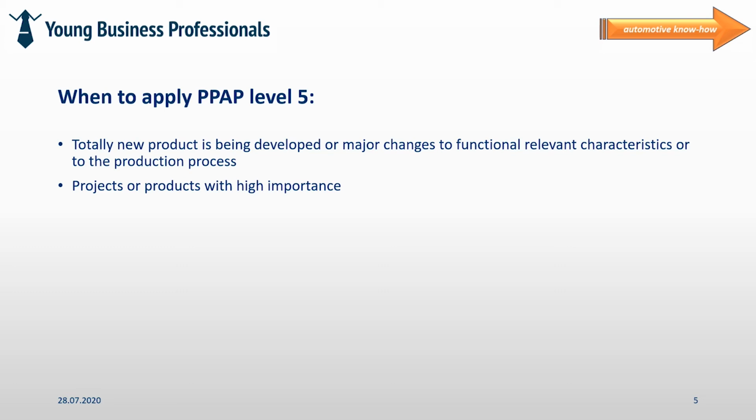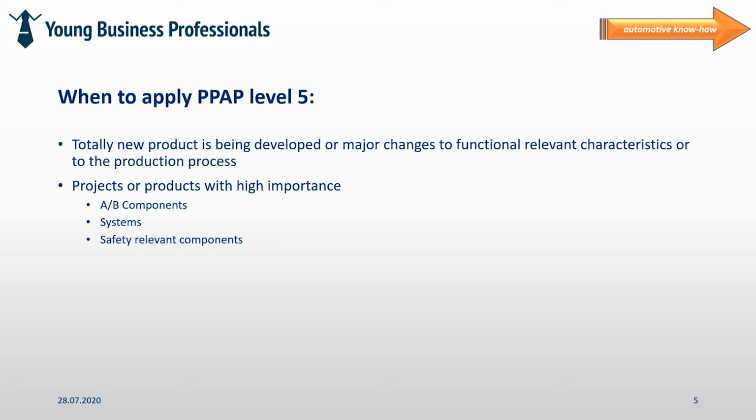Most probably PPAP Level 5 is applied for important components of a vehicle, such as so-called A or B components or complete systems that are typically supplied by system suppliers, especially with regard to changes.